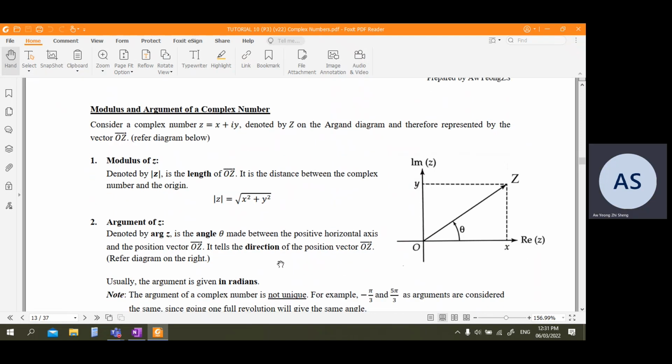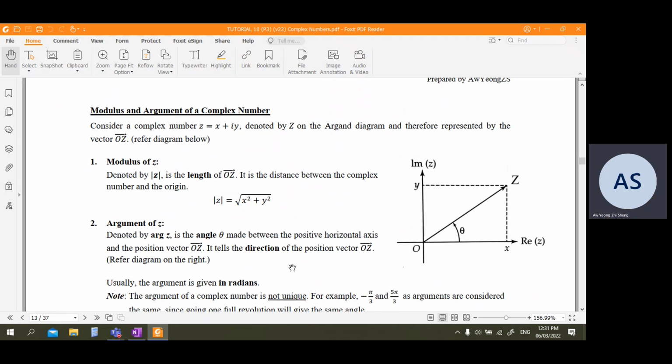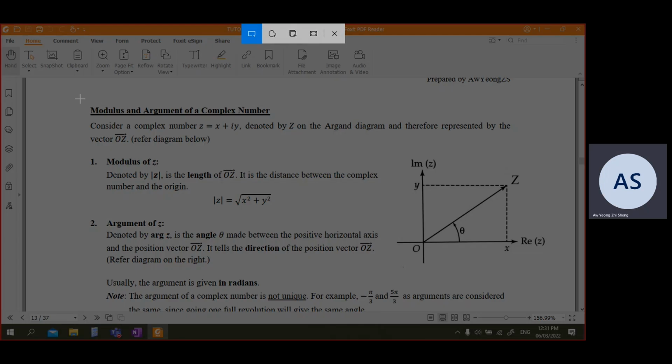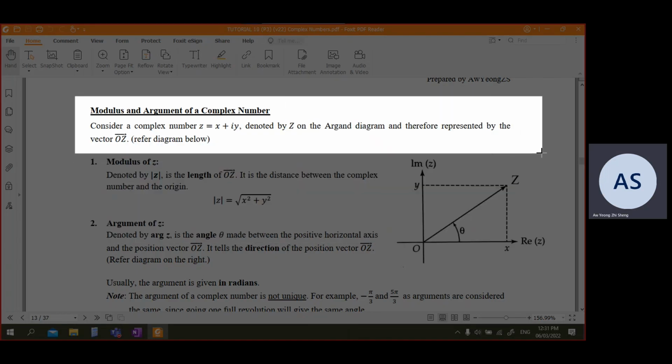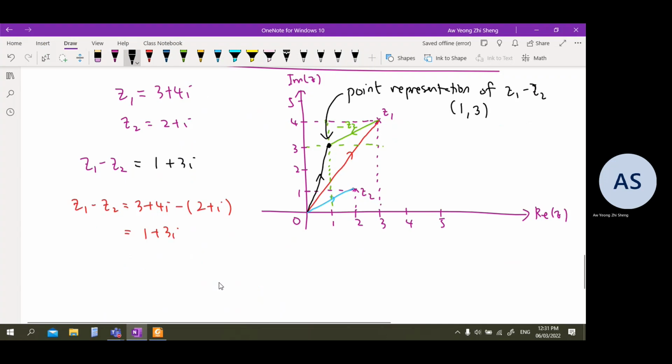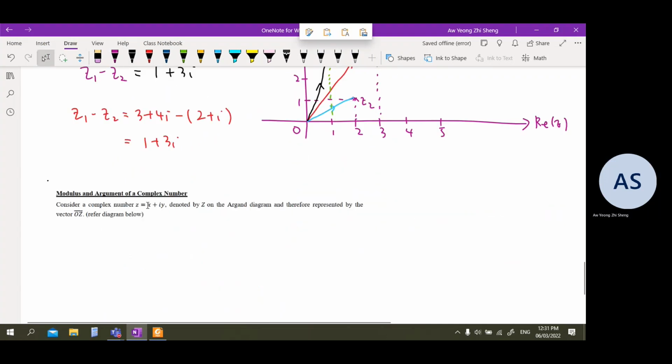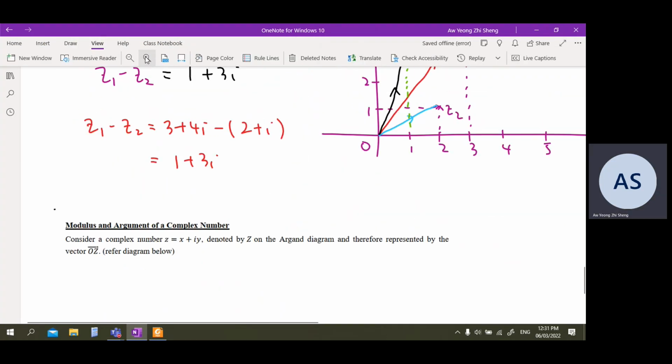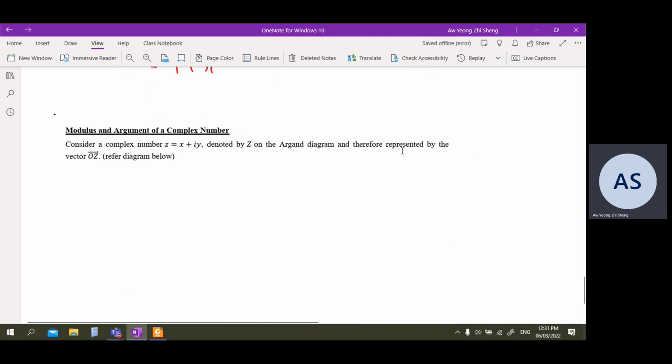Modulus and argument of a complex number. This is very important, modulus and argument. So here it says, consider a complex number z equals x plus yi denoted by point capital Z on the Argand diagram and therefore represented by the vector OZ.